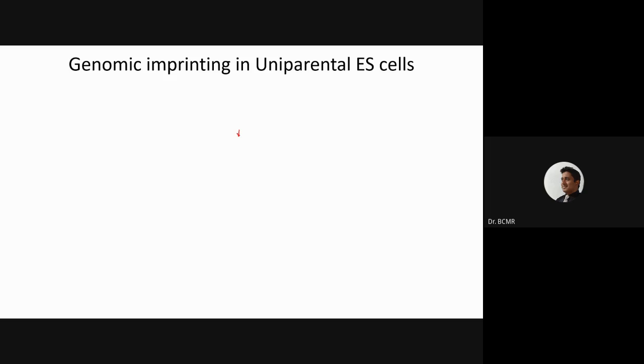So if you see there is a gene A and gene B, right? There is also another set, gene A and B, another set A and B. If it were normal, A will be repressed in one, and B will be repressed in the other, right?